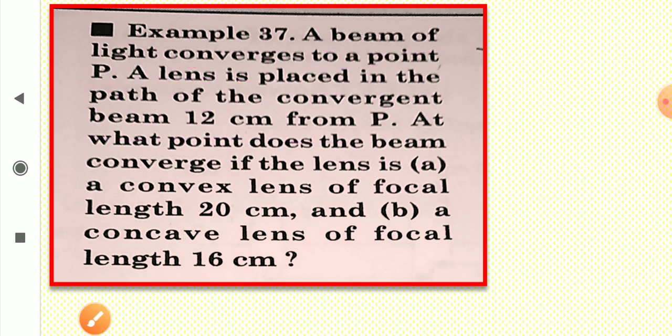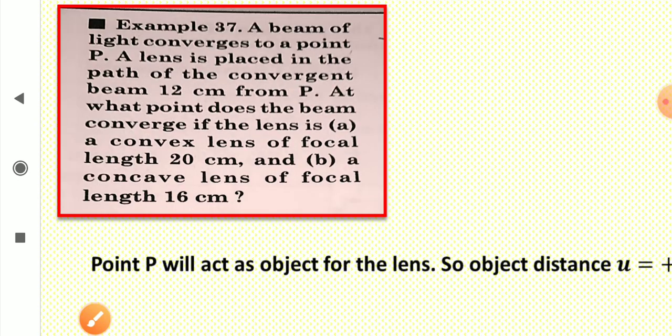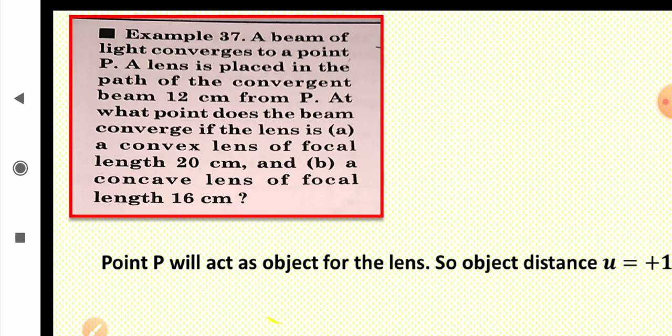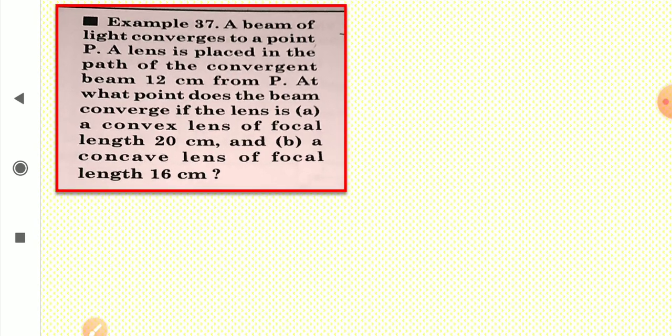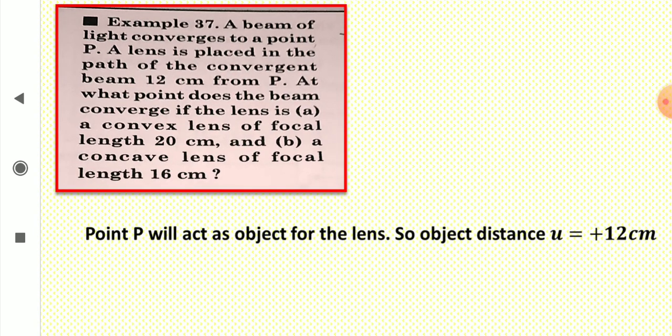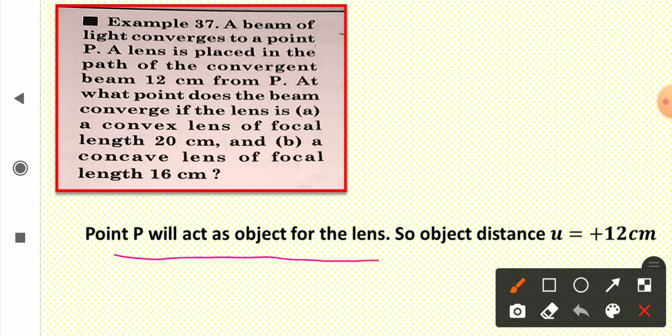So, let's see how it works. Point P will act as object for the lens. So, object distance is positive plus 12 centimeter. See, object distance doesn't always have to be negative. Object distance can be positive, as in this case.